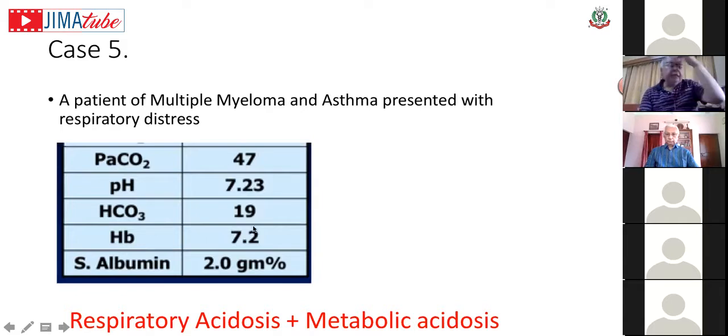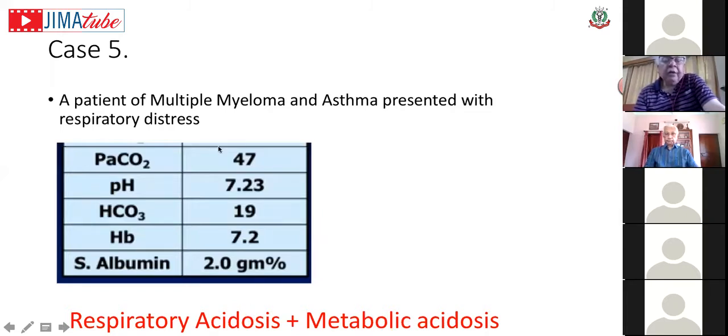As you can see, immediately after looking at the pH and the PCO2, you know this patient has respiratory acidosis. You don't have to do any calculation to say that this patient also has metabolic acidosis. The reason is, in respiratory acidosis, the bicarb should have been high.